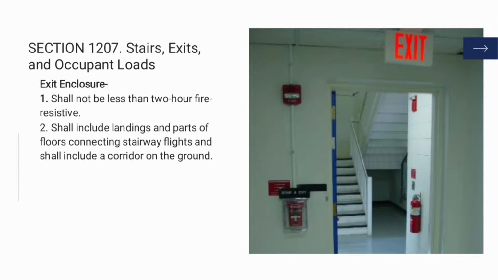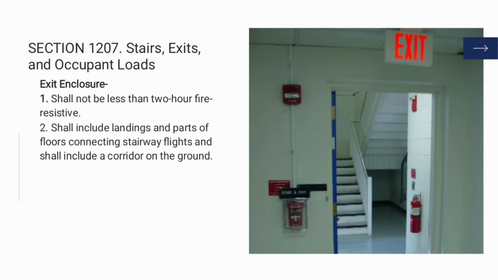Next is the exit enclosure. So as you can see in the picture, the exit enclosure walls shall not be less than 2 R fire resistive construction, and there shall be no openings into exit enclosures except exit doorways and openings in exterior walls.